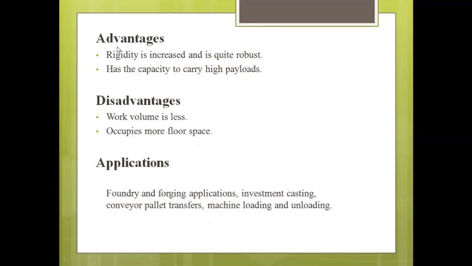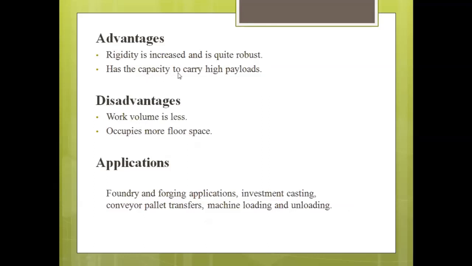Advantages of cylindrical configuration robots. First one is that rigidity is increased and it is quite robust as compared to the Cartesian configuration robot. Slightly the rigidity gets increased and it is quite robust.